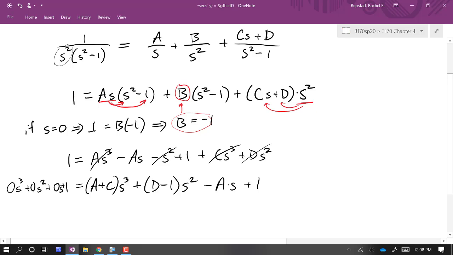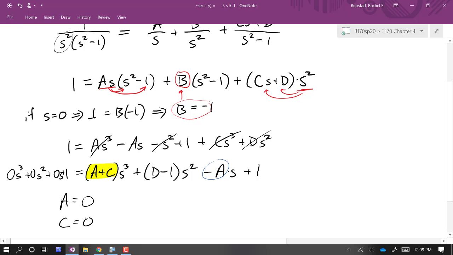So all of these coefficients on the s cubed, s squared, and s have to be 0. So immediately I can tell A has to be 0. And if A has to be 0 and A plus C has to be 0, that means C has to be 0. And if D minus 1 has to be 0, then D has to equal 1.